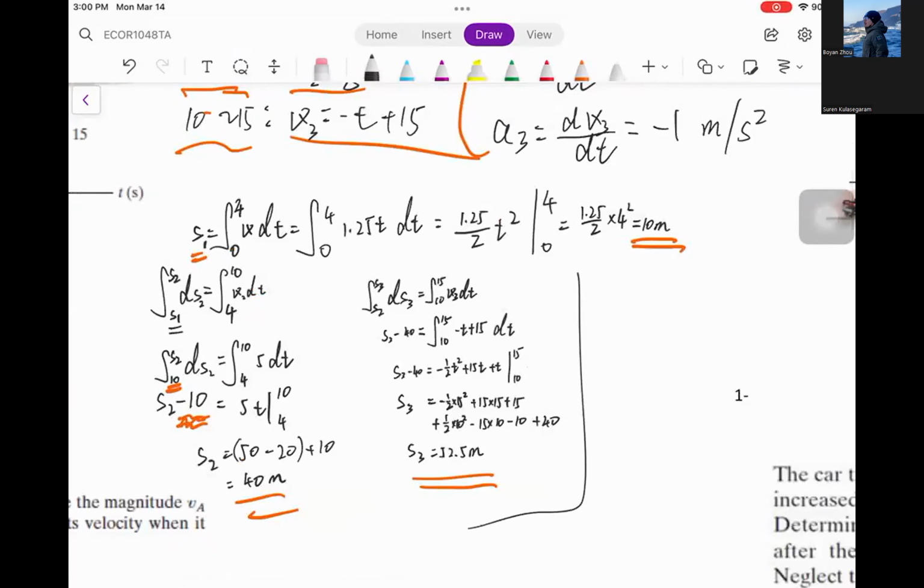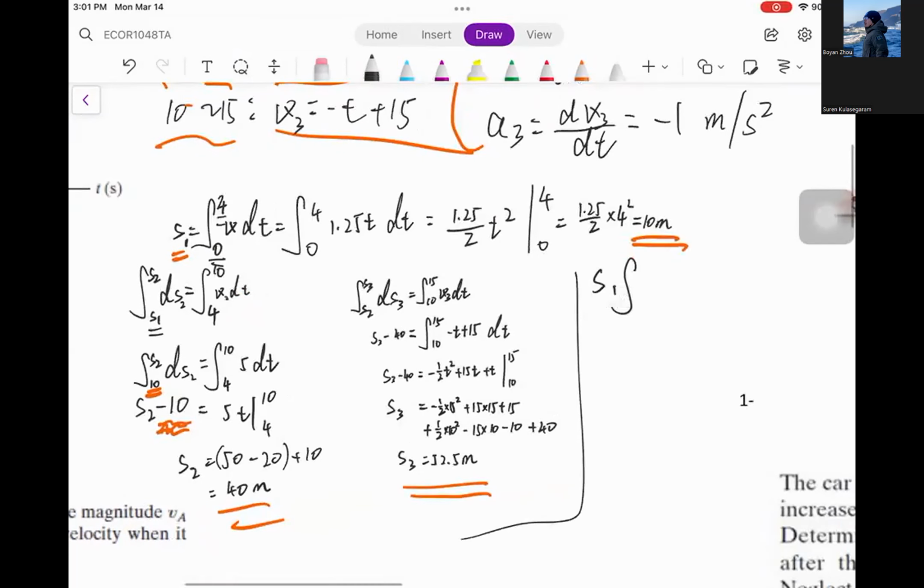So for the first one, like before, we were evaluating from 0 to 4 seconds. Now, since we need to find a relationship between the time and the displacement, we are not going to set up the boundary from 0 to 4 seconds.